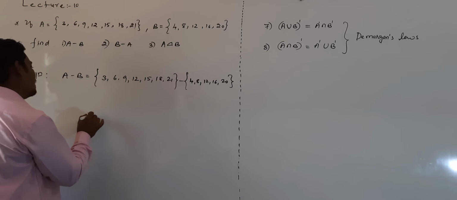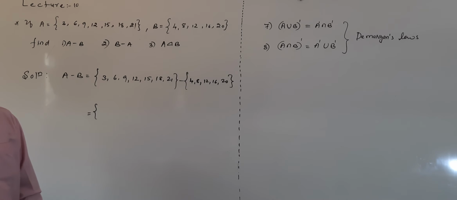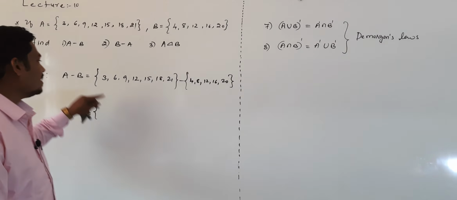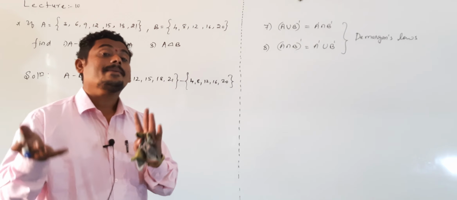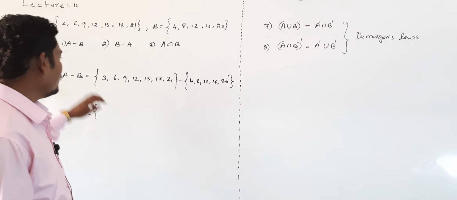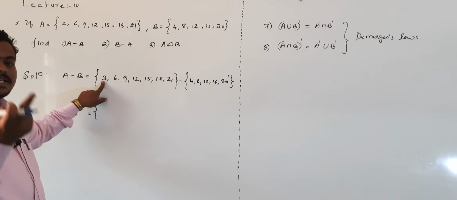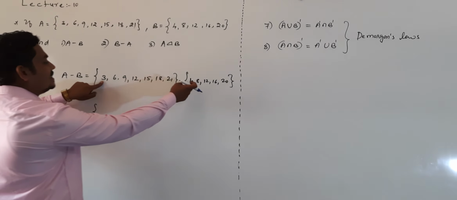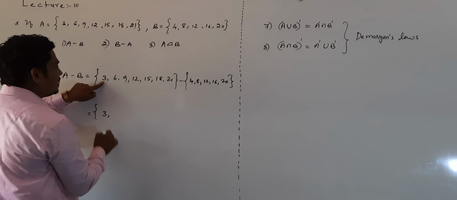What is the definition of A minus B? A minus B means A but not B: all those elements in A but not in B. Write such elements. 3 is present in the first set but not in the second set, so we can write 3.